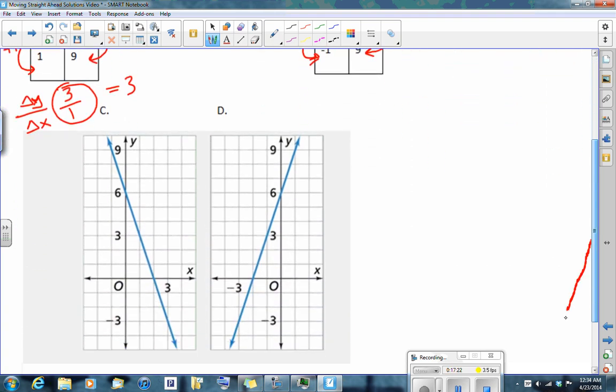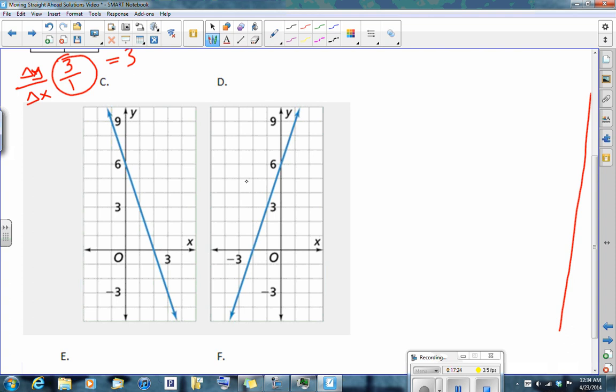Really, when we look at the lines here, we could cheat, because we see that this slope on the left is falling. It's decreasing this way. Down, down it goes. That's a negative slope versus slope that you see from left to right. If it's rising, like this one, then it's positive.